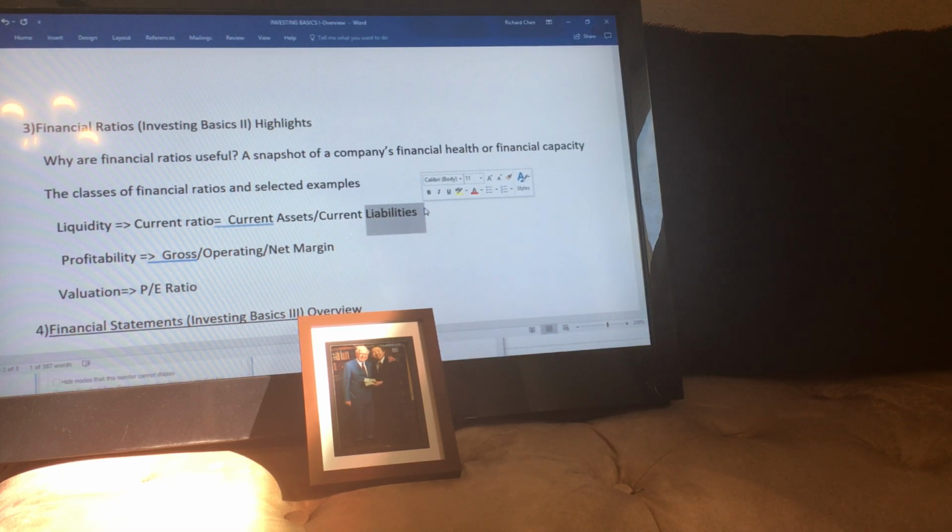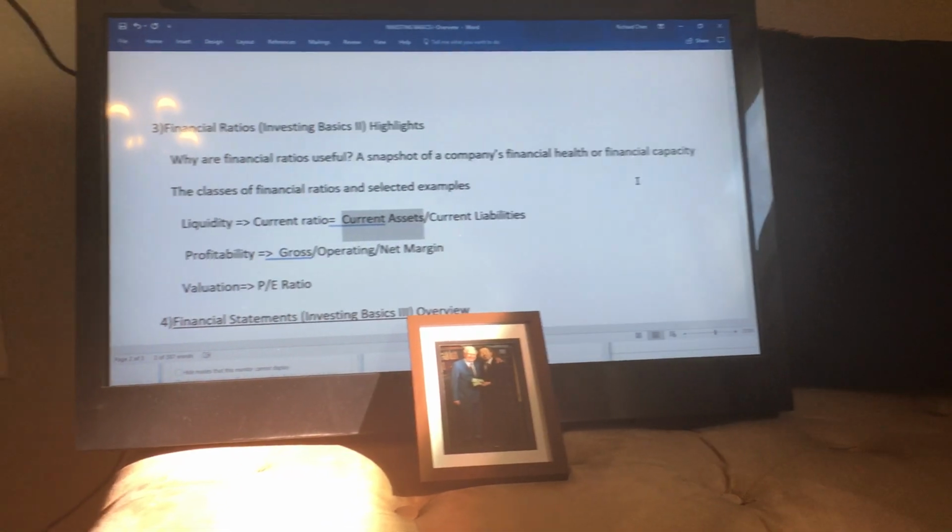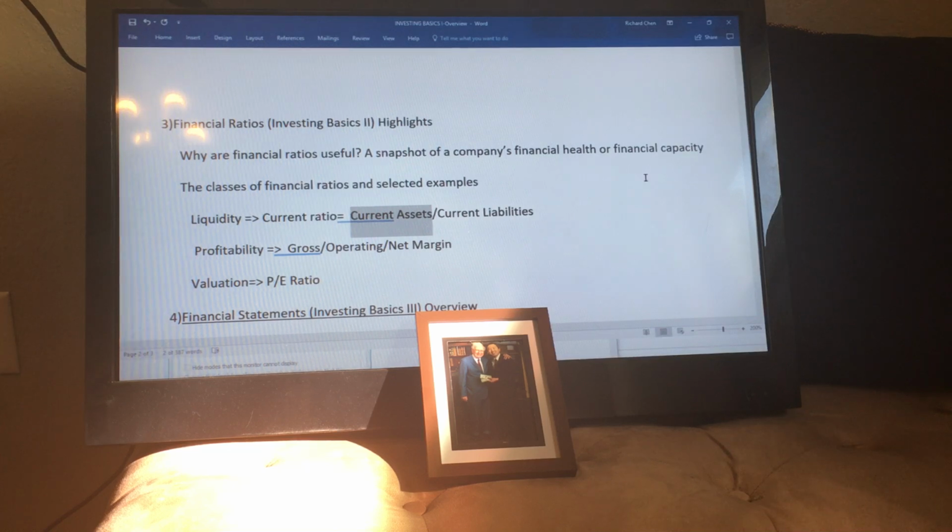So the current ratio gives you a snapshot if you add all the company's current assets. Current is basically any asset that you have on hand or that you expect to be able to convert into cash in the next year, in the next 12 months.